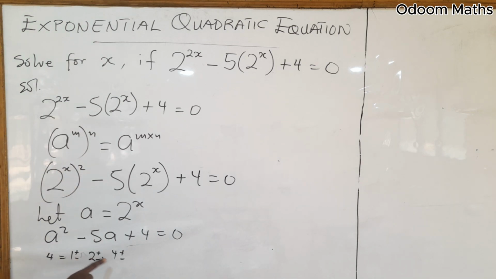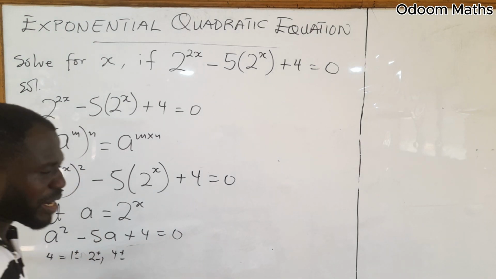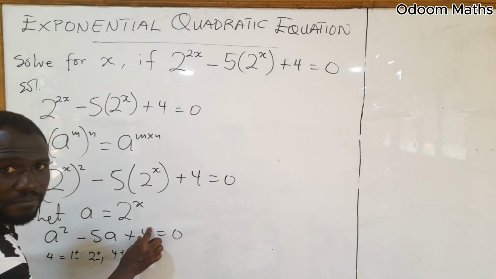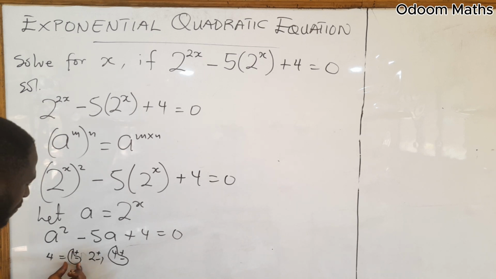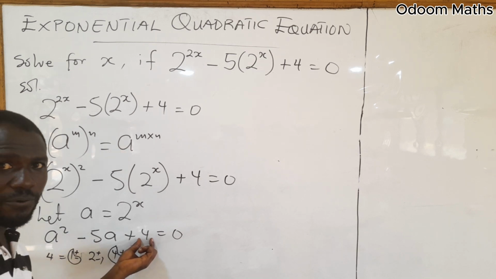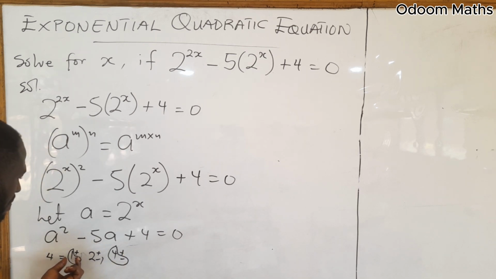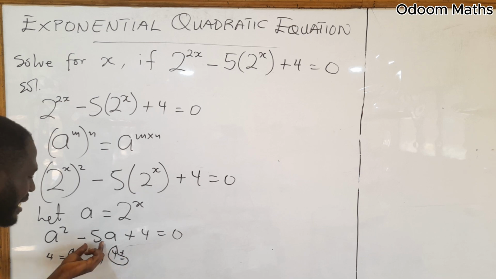So let me get 2 numbers that, when multiplied, give 4, but when added give negative 5. I can take negative 4 and negative 1. Negative 4 times negative 1 gives positive 4, and negative 1 plus negative 4 is negative 5.